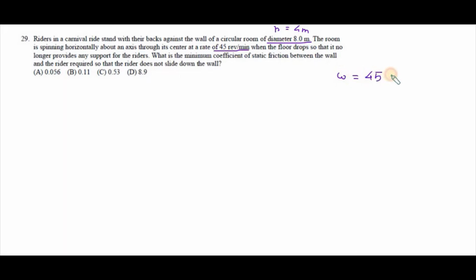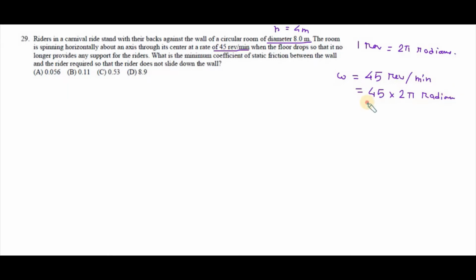We know that 1 revolution is equal to 2 pi radians. So 45 revolutions means 45 times 2 pi in terms of radians.